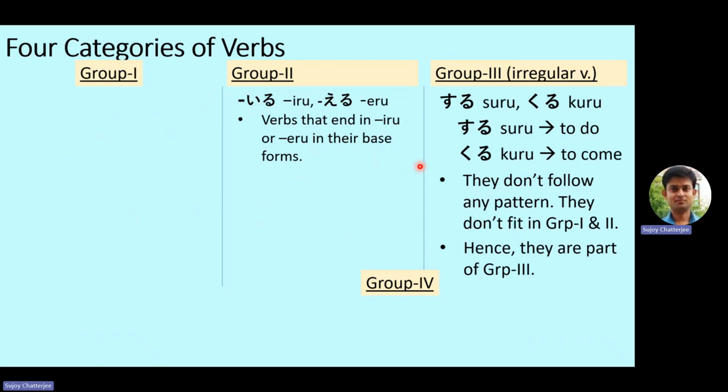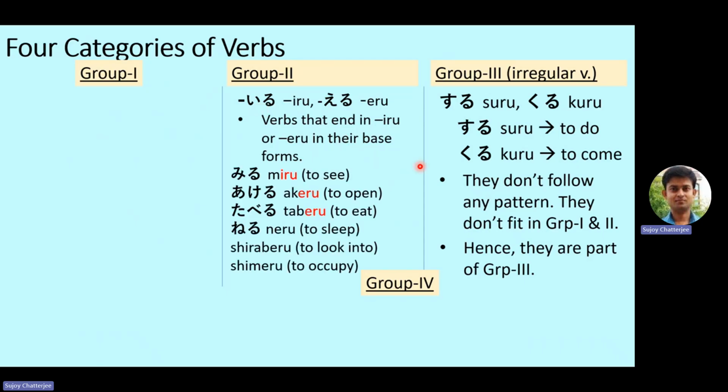What could be some examples? Miru, that is to see. Akeru, to open. Taberu, to eat. Neru, to sleep. Then we have shiraberu, meaning to look into, and shimeru, to occupy. As you can see, in all of these the ending is iru or eru.